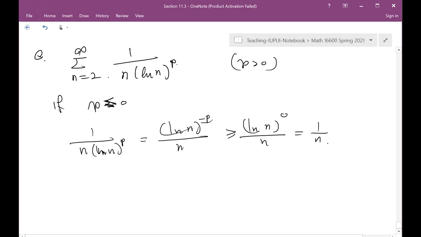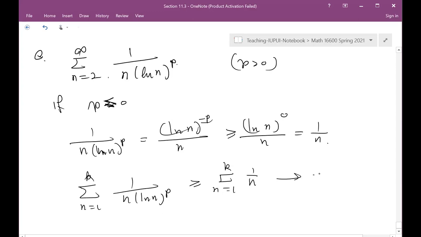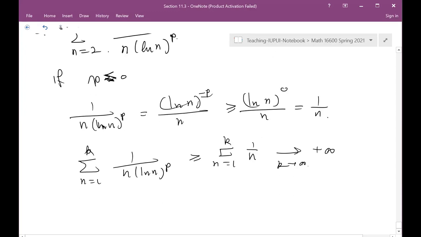If you look at the partial sum, we are going to use the comparison. That means the partial sum is going to be greater than or equal to this partial sum. And we know this goes to infinity as k approaches infinity. Why? Because we already did that using the integral test.